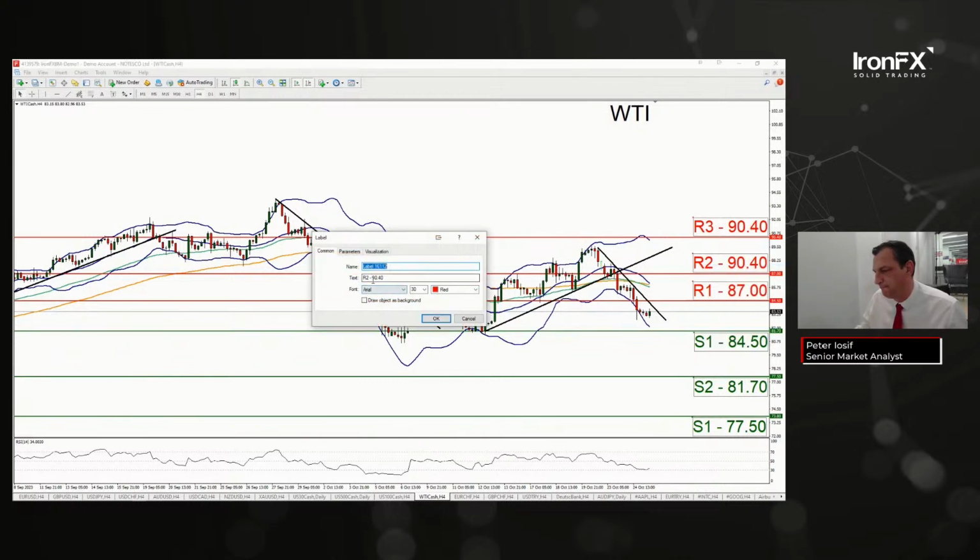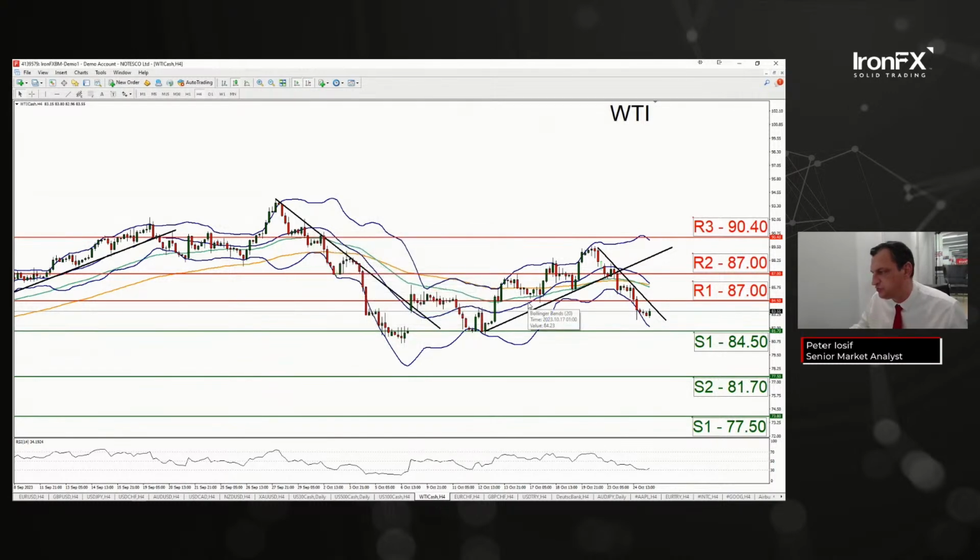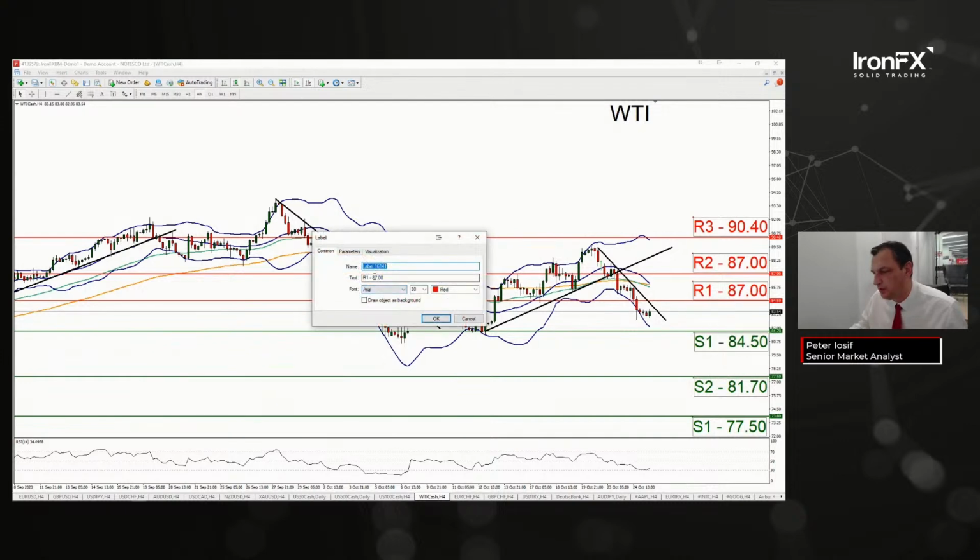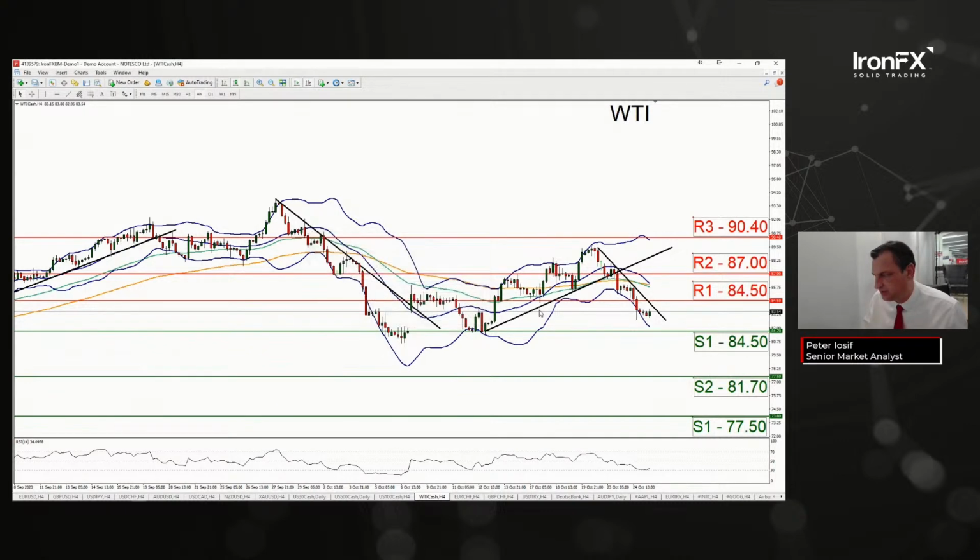However, I'm a bit worried here. And the main reasons are practically two. The first would be the fact that API yesterday reported another drawdown.